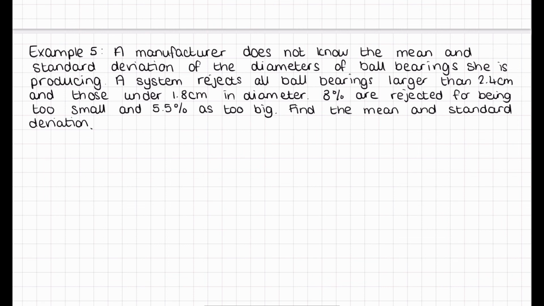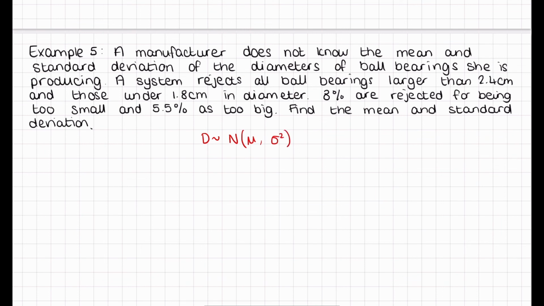The last example, sometimes we have to find the mean and the standard deviation. So in this situation, we've got a manufacturer who does not know the mean and standard deviation of the diameters of ball bearings she's producing. A system rejects all ball bearings larger than 2.4 and those under 1.8 centimetres in diameter. 8% are rejected for being too small, 5.5% as too big. Find the mean and standard deviation. So with what we've been given here, we are trying to find D as the diameters, the normal distribution, and we want to know what is the mean and the standard deviation.